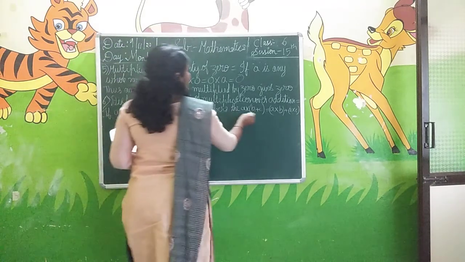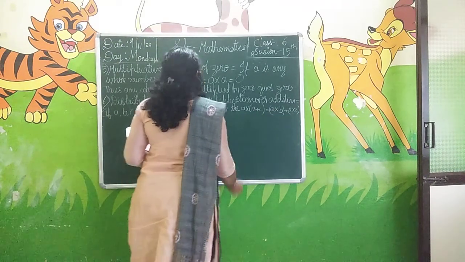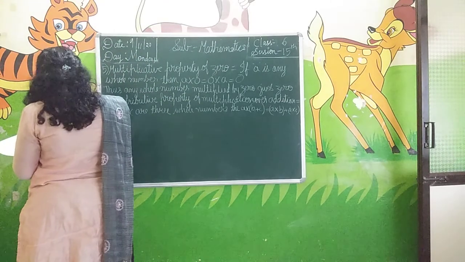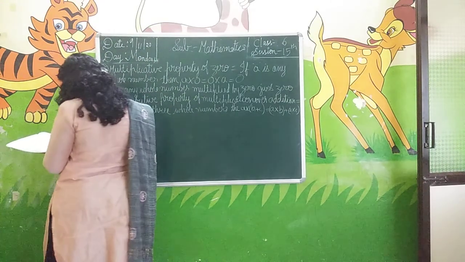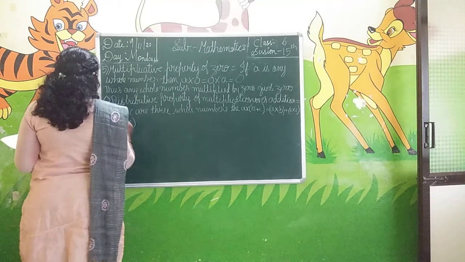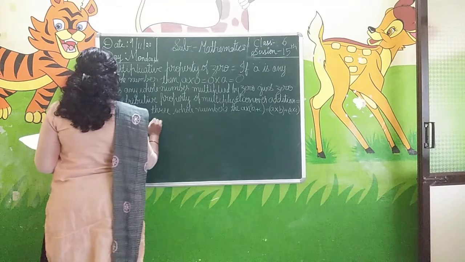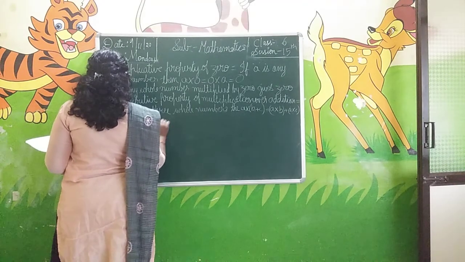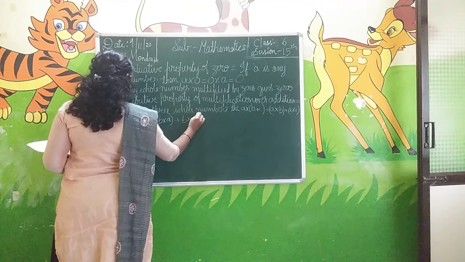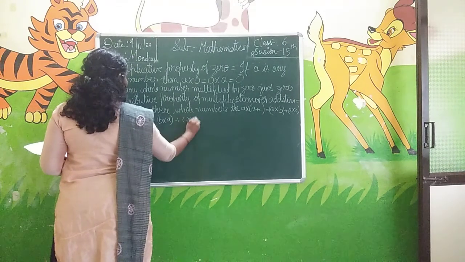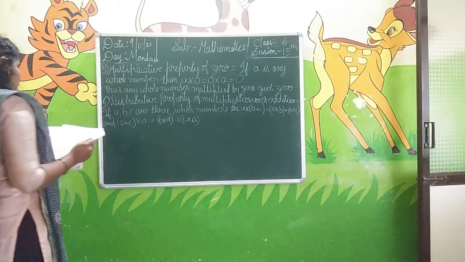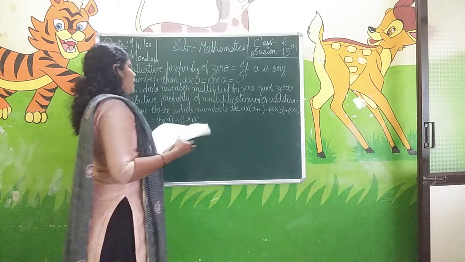A is multiplied with b, and again a is multiplied with c. And (b plus c) into a is equal to b into a plus c into a. Okay, students, got it?